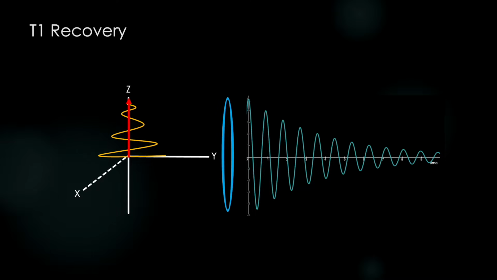Now here's my question for you. Do you really think, as these animations are portraying, that these two processes, the T2 decay of our signal and the rebuilding of the net magnetization along the z-axis, happen at the same time? Take a look at this again.